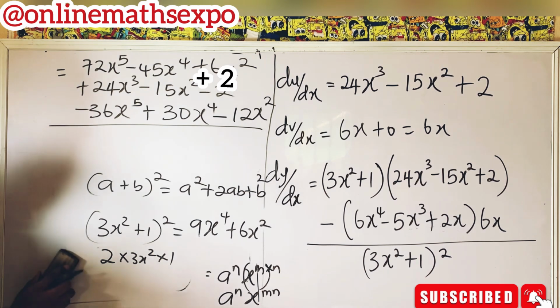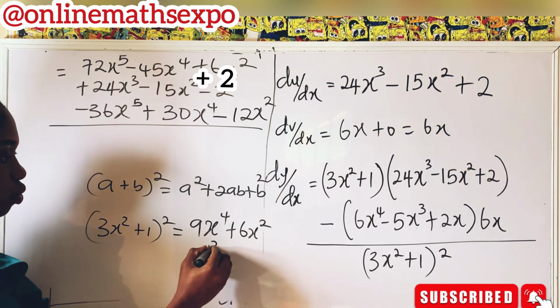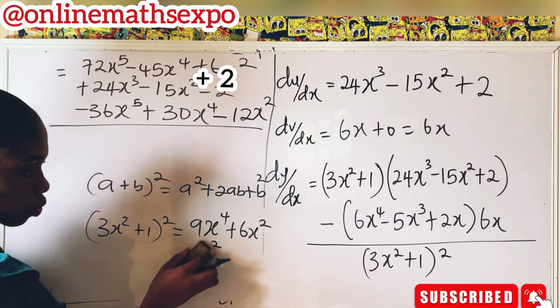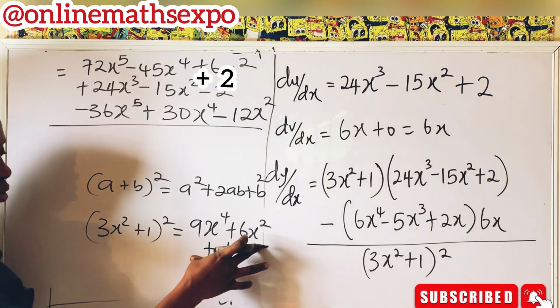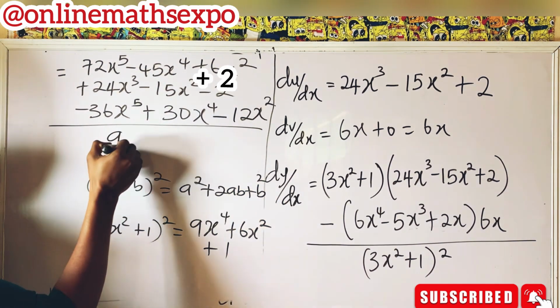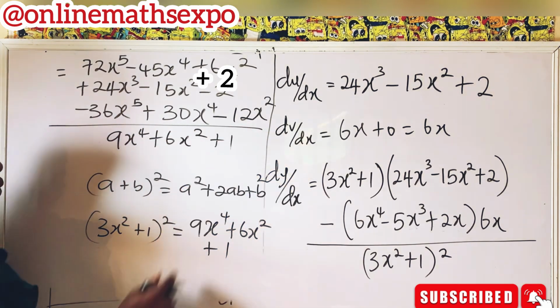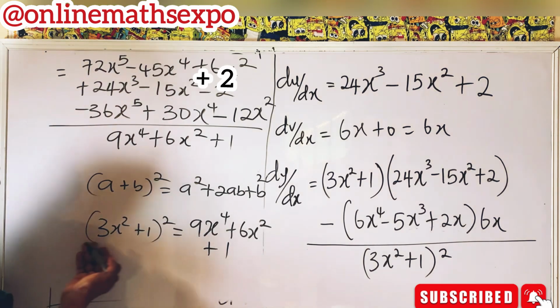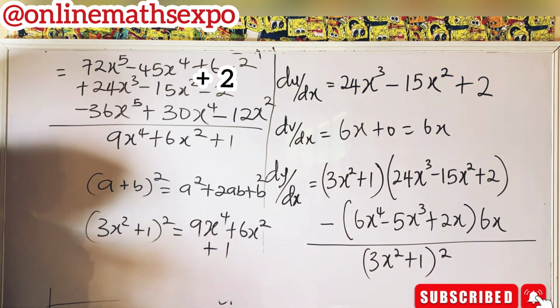I hope that is clear. Now finally, you square 1, and 1 squared is also 1 times 1 to give us plus 1. So this is what you have for expanding this. So we're going to have 9x power 4 plus 6x squared plus 1. Okay, remember you can also use your normal expansion for this. It will still give you the same answer.